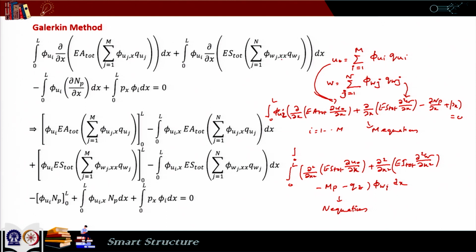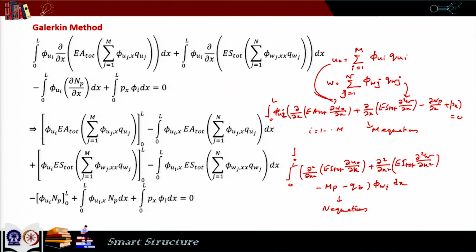Similarly, here comma double x means differentiation with respect to x twice. Here phi w j has been differentiated 3 times, whereas this phi u i which is multiplied with it has not been differentiated. So, instead of keeping it like that, we shift the derivative and we try to distribute the derivative between this phi and this phi.